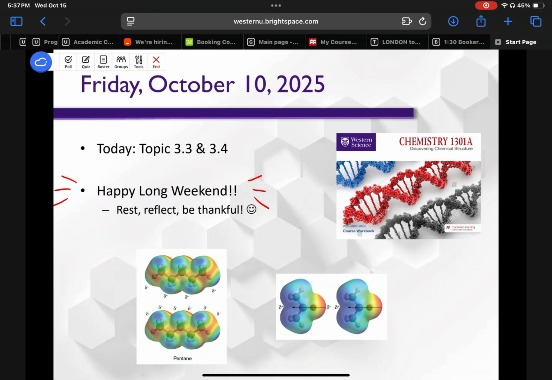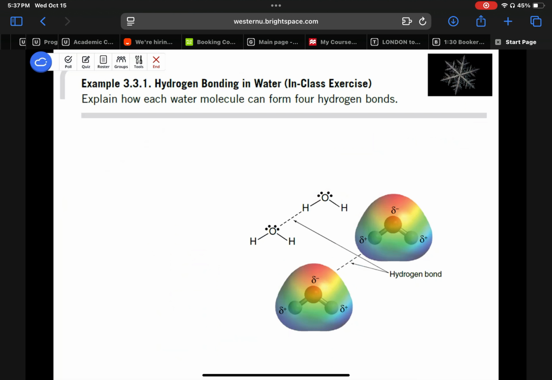And then our special stronger dipole-dipole, which is called hydrogen bonding. When we have nitrogen, oxygen, or fluorine bonded to hydrogen, the electronegativity difference there is so big that it is called hydrogen bonding, a special strong type of dipole-dipole.